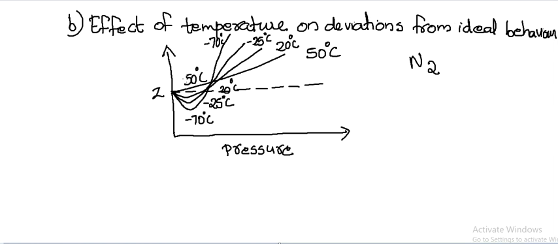This fact shows that real gases deviate from Charles' law because it has different shapes at different temperatures.